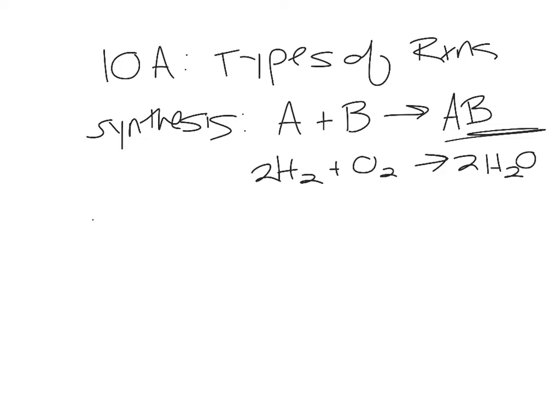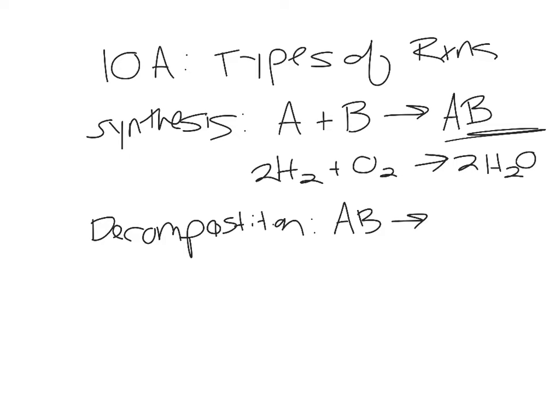reactants. The opposite of that is decomposition. Decomposition is the opposite of synthesis, okay? So you'll know that it's decomposition because there's only one reactant, and it's going to break apart into products. So it'll break apart into more than one product.